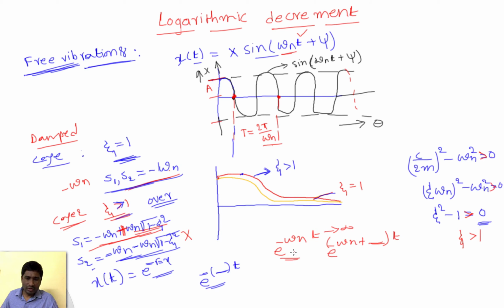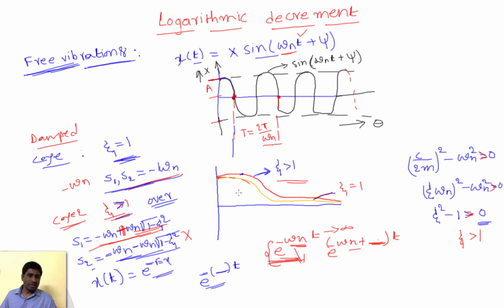Obviously this one, because this is a more negative term, but this is a less negative term, because we are adding some value. So that's why this critically damped vibration is quickly dying down compared to the over damped vibration.